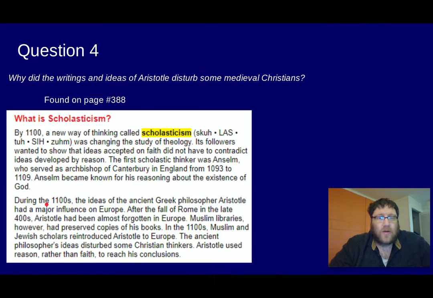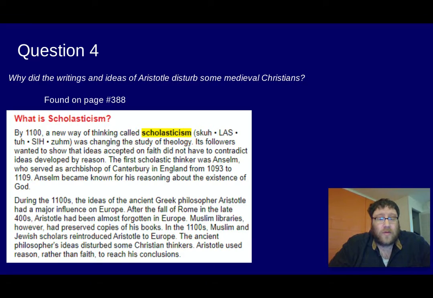During the 1100s, the ideas of the ancient Greek philosopher Aristotle had a major influence on Europe. After the fall of Rome in the late 400s, Aristotle had almost been all but forgotten. Muslim libraries, however, had preserved copies of his books.